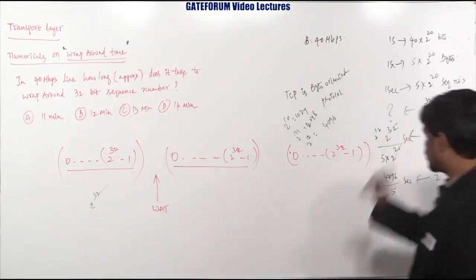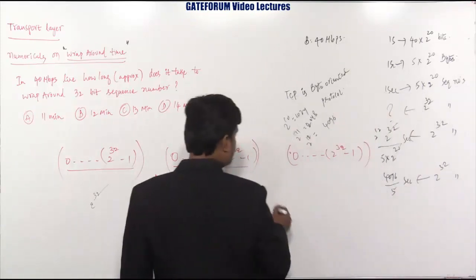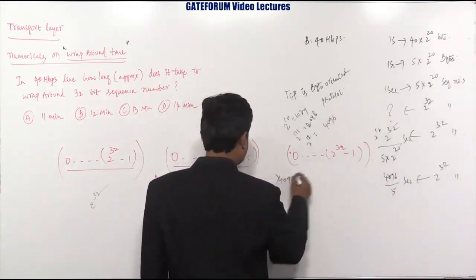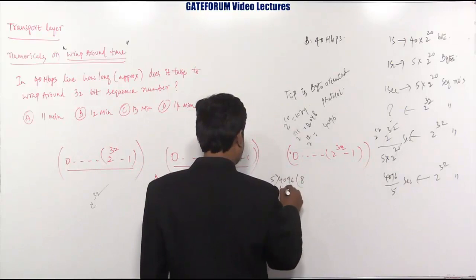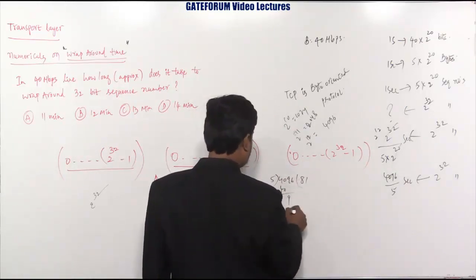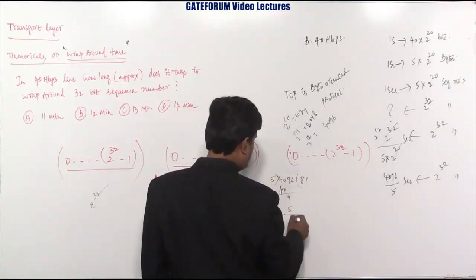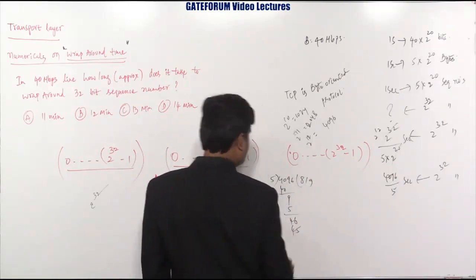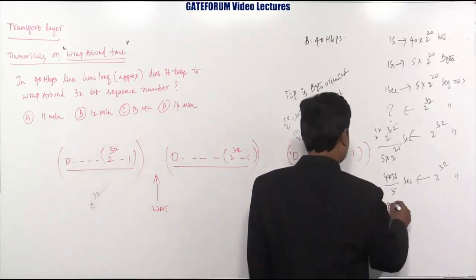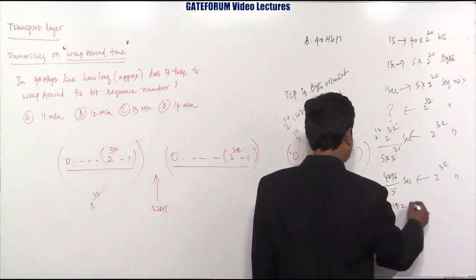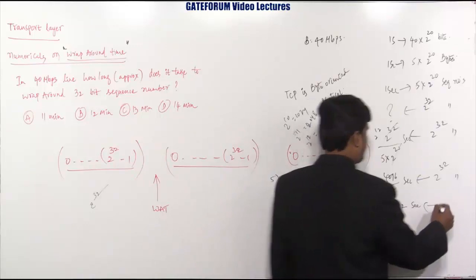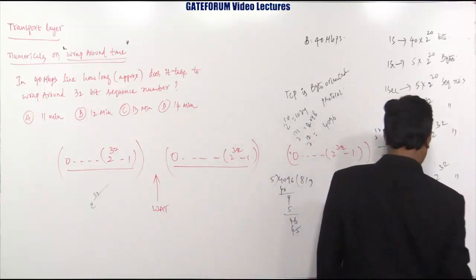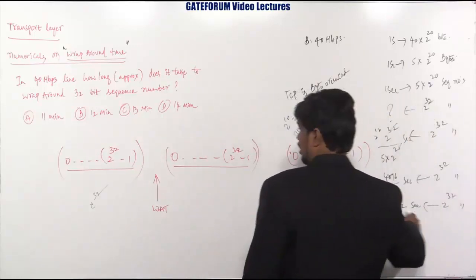If I divide 4096 by 5, we get 819.2 seconds.